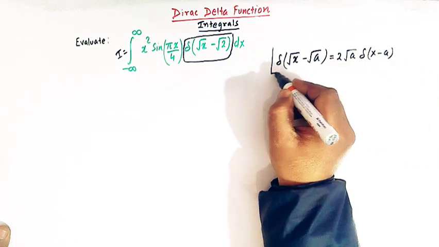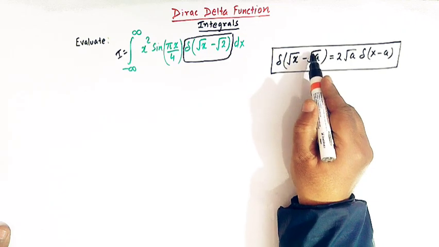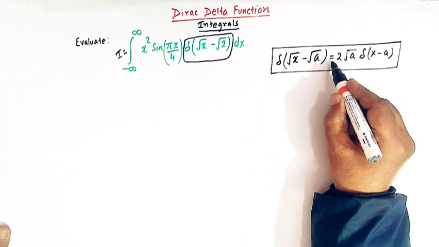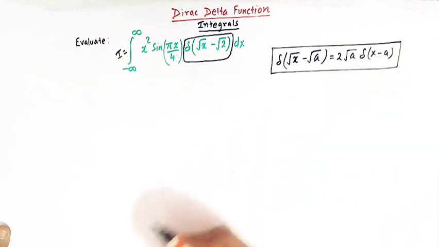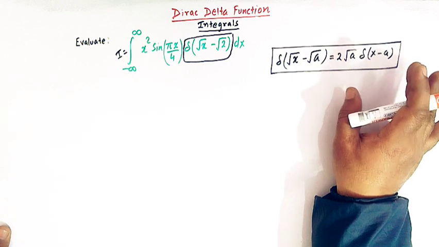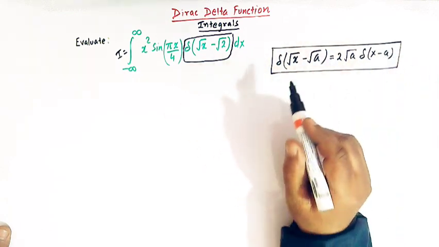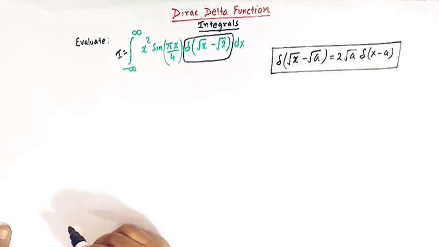So delta of square root of x minus square root of a is equal to 2 times square root of a delta of x minus a. Here we are not going to prove this property, but we'll directly use it to solve this integral.